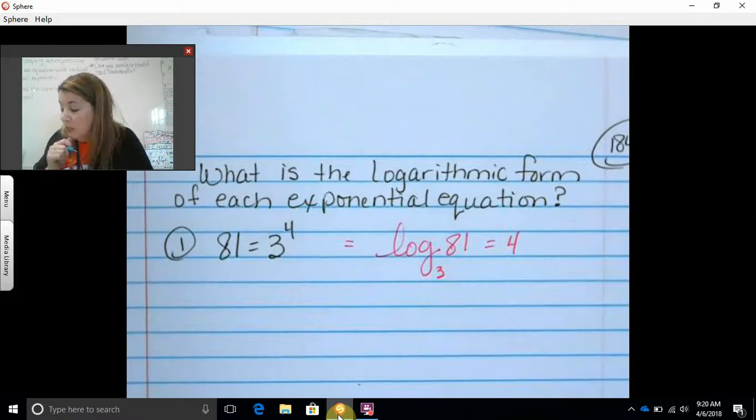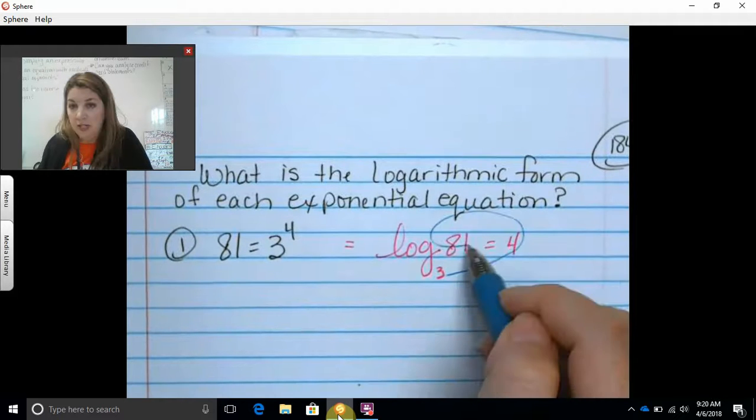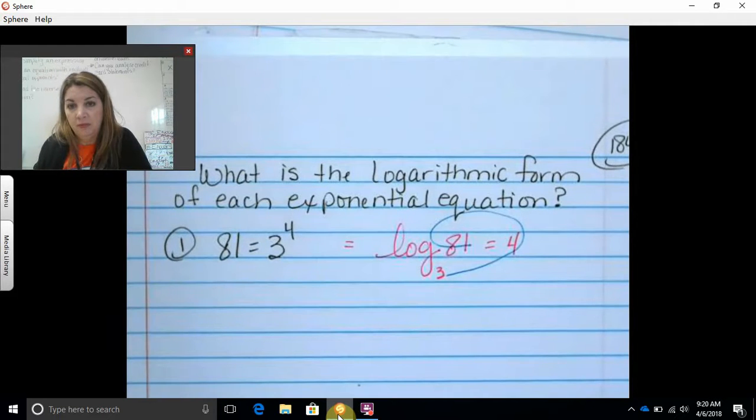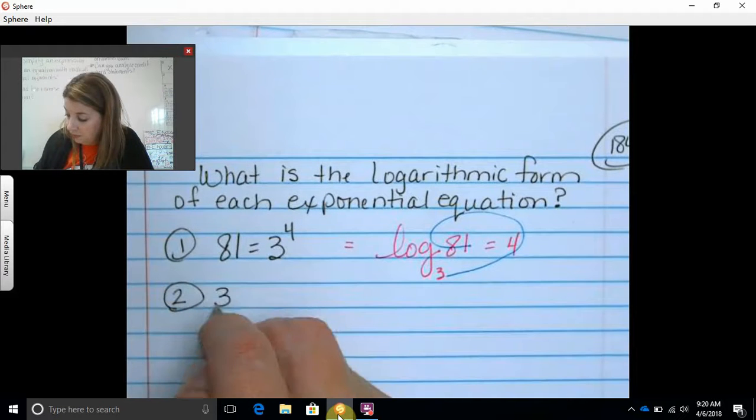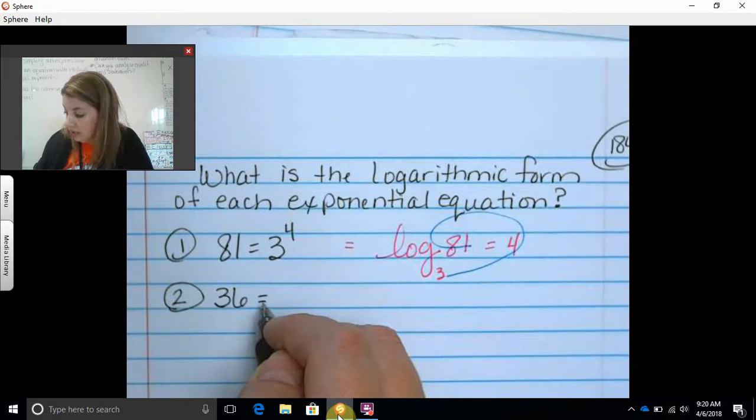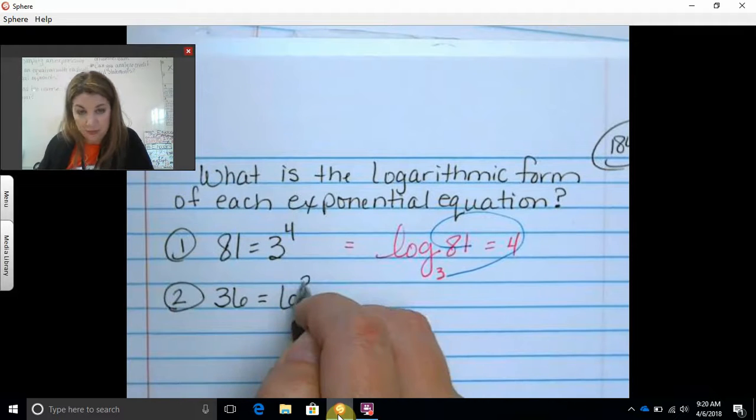Just double check, do your little snail method. Does 3 to the 4th equal 81? Yes, Miss Rayleigh, it does. All right. What if you had 36 equals 6 squared?